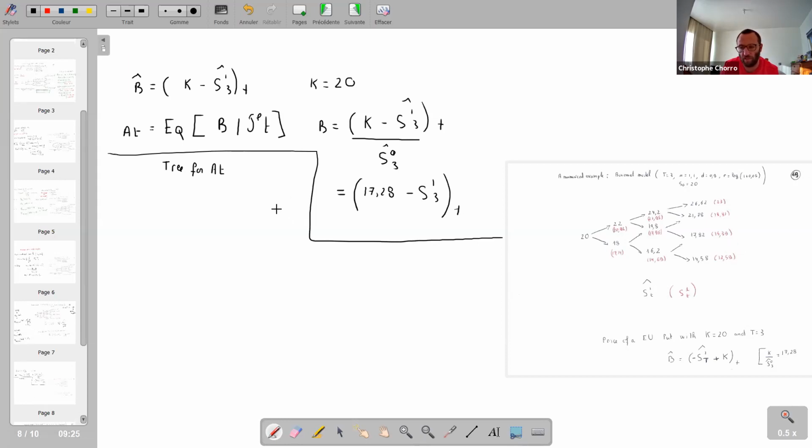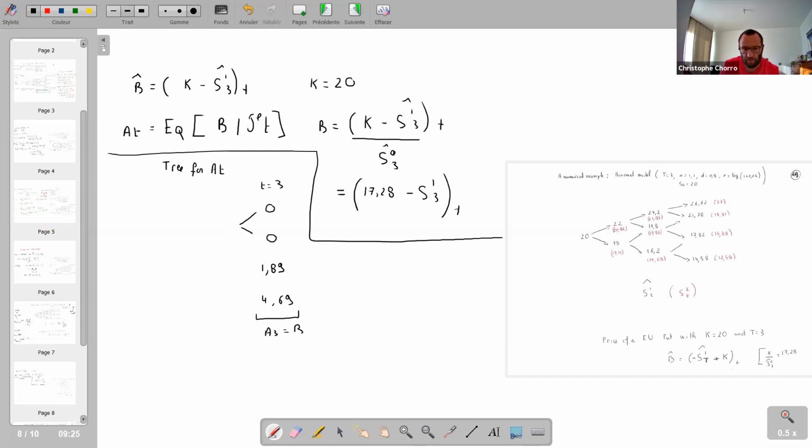If you do the computation, and you have the detail in the course, you have 0 for 23, 0 for this one, 18.81, then 15.39, 1.89, and for this one 4.69. Here, you have A₃ equal to B, and it's what happens at time t equal to 3.